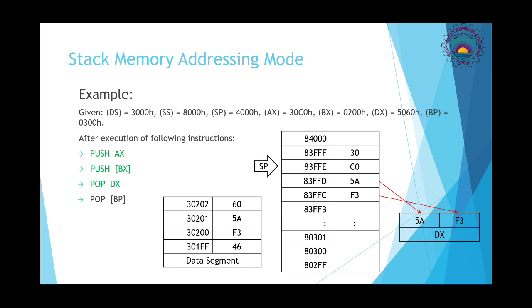So as shown in figure, F3 is moved into DL and F5 is moved into DH register, and DX is retrieved from top of the stack. After completion of popping data from top of the stack, the stack pointer will be incremented by 2. So now new stack top is at 83FFE.